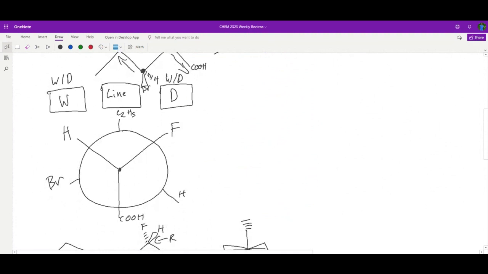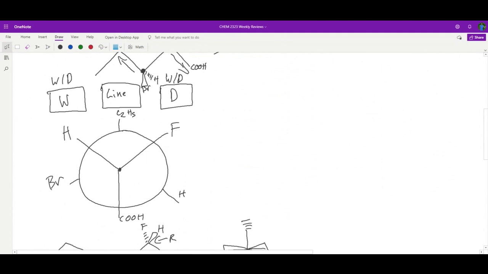For the Newman, it's supposed to be correct, but the fluorine is to flip where the fluorine and the bromine are at. So flip this and this. Yeah, but keep them the same distance from each other. So the bromine will be where the other hydrogen is, the back carbon. The fluorine will be in the hydrogen, the front carbon.